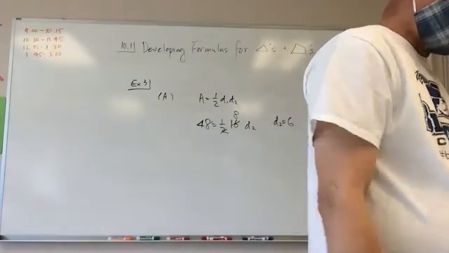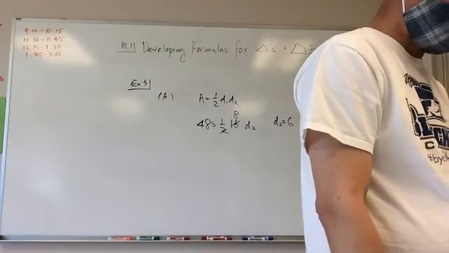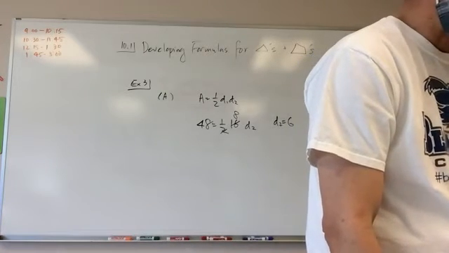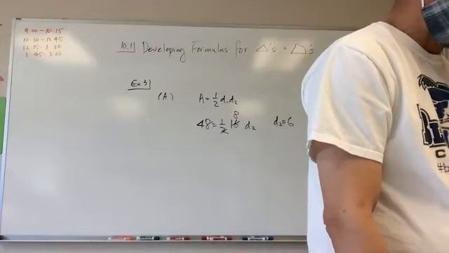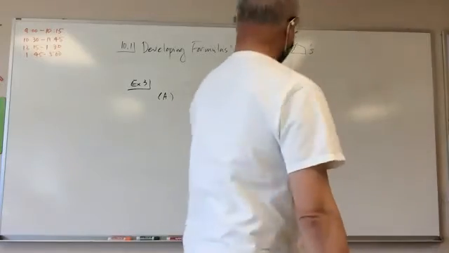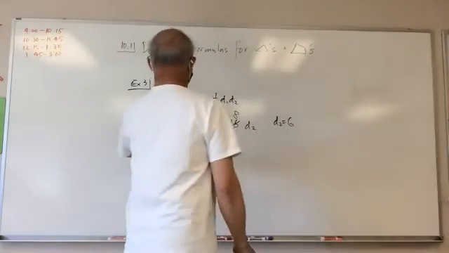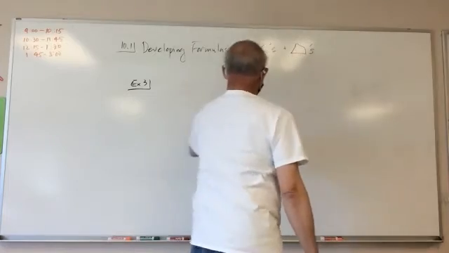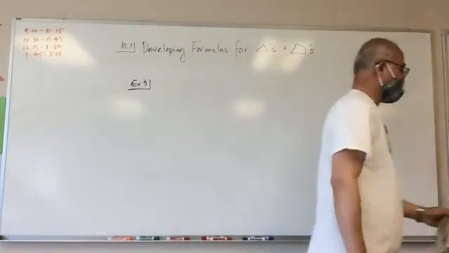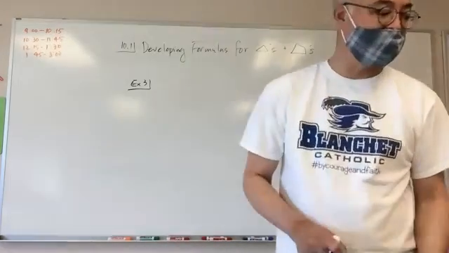Remember, what's the page? Go to B, area of the rhombus. This is a little trip down memory lane for you guys. See if you can remember your Algebra 1 skills.